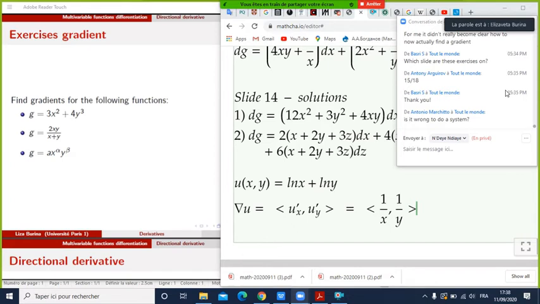I know where you were doing the system, and it was in the optimization, and actually your system looked like partial with respect to x equals 0, partial with respect to y equals 0, and that's slightly different. So that will be on Tuesday. We will do that.